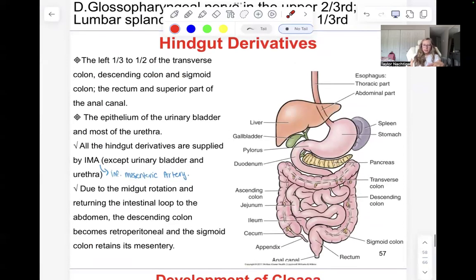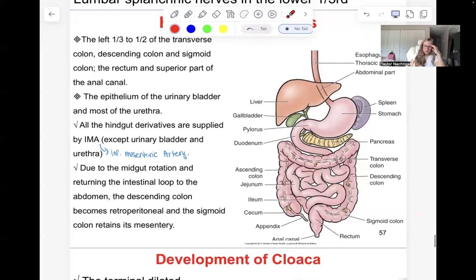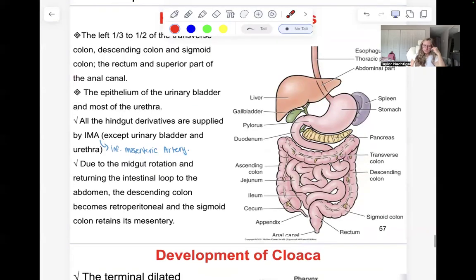The left third of the transverse colon is the beginning of the hindgut. We have the descending colon, sigmoid colon, the rectum, and the superior part of the anal canal, all deriving from the hindgut. The epithelium of the urinary bladder and most of the urethra also arises here.